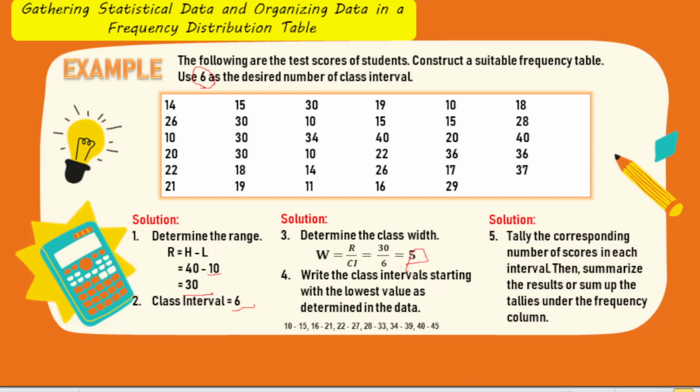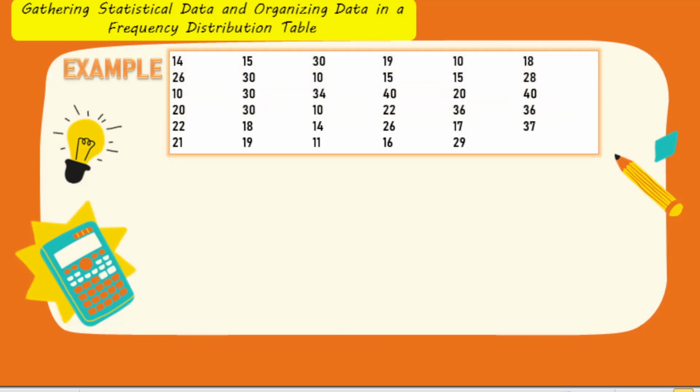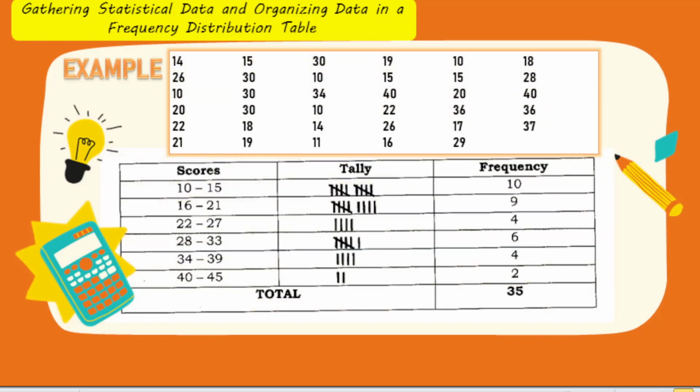Then last, we tally the corresponding number of scores in each interval. Then, summarize the results or sum up the tallies under the frequency column. So, this is our given data, and this will be our frequency distribution data. How did we get these tallies and frequencies? For the class interval 10 to 15, we have 10 scores. Let us check. 10 to 15.